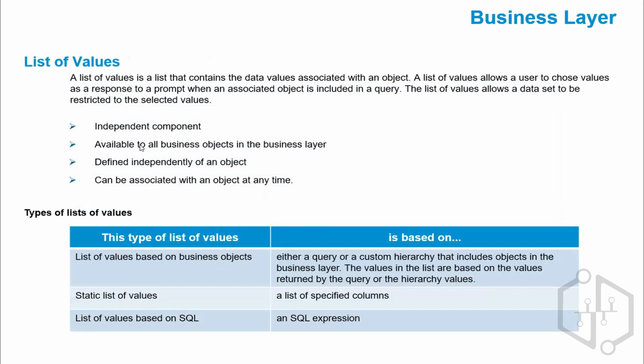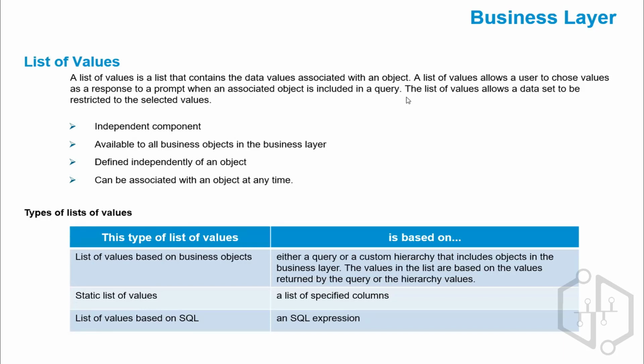It is also about the list of values. A list of values is a list that contains the data values associated with an object. A list of values allows a user to choose values as a response to a prompt when an associated object is included in a query.